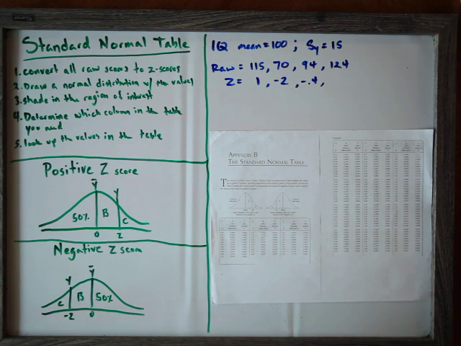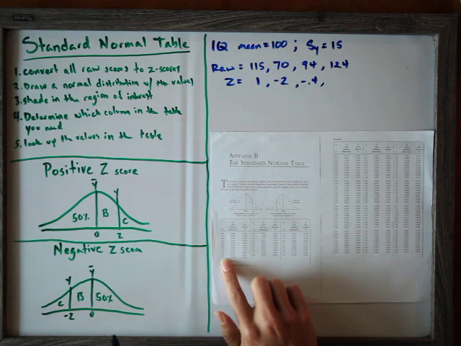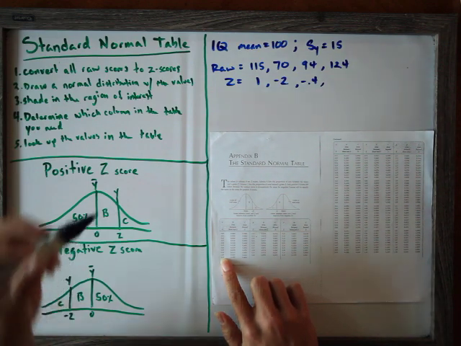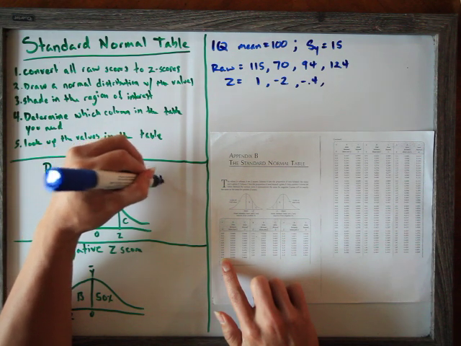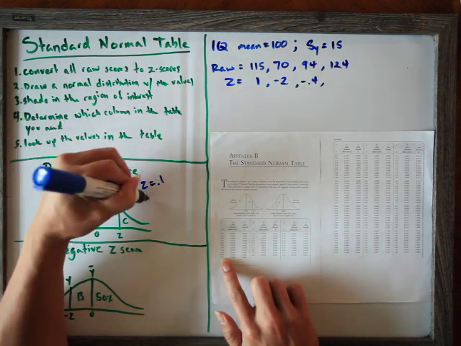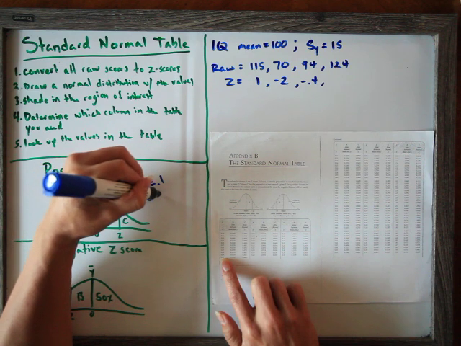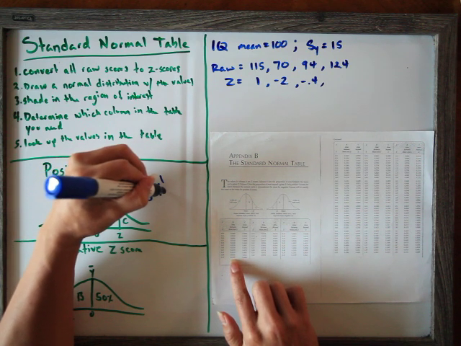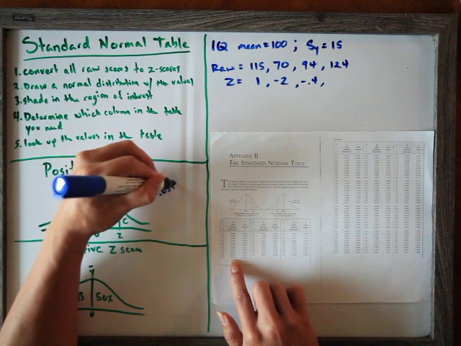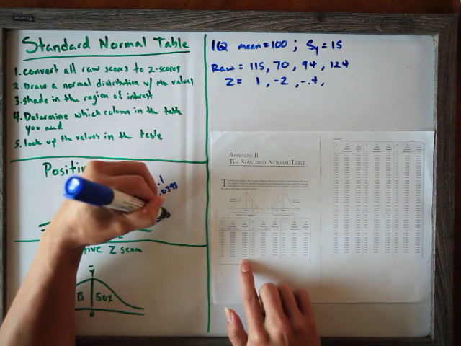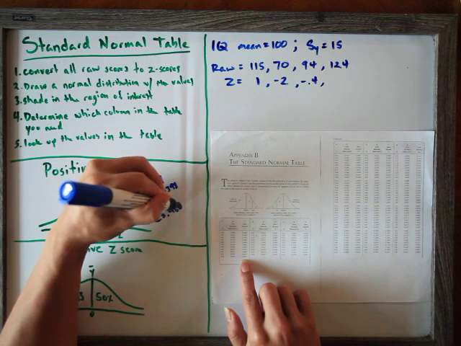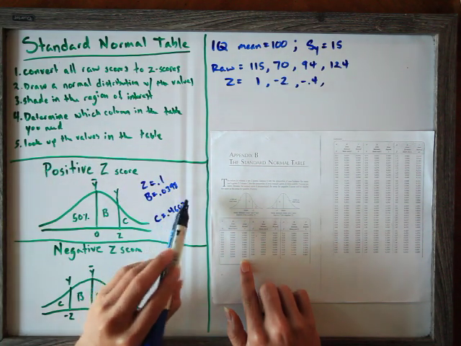So for example, here we have a z-score of 0.1, and the B is 0.0398, and the C is 0.4602. So these are proportions.